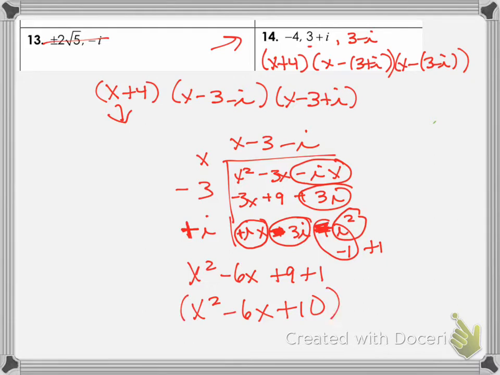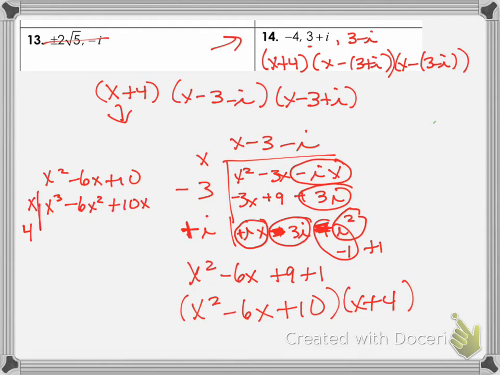We have to do that by x plus 4. So I'm going to do it smaller over here. x squared minus 6x plus 10. Going down here, x plus 4. So that's x cubed minus 6x squared plus 10x. Make my box. And then that's 4x squared minus 24x plus 40.